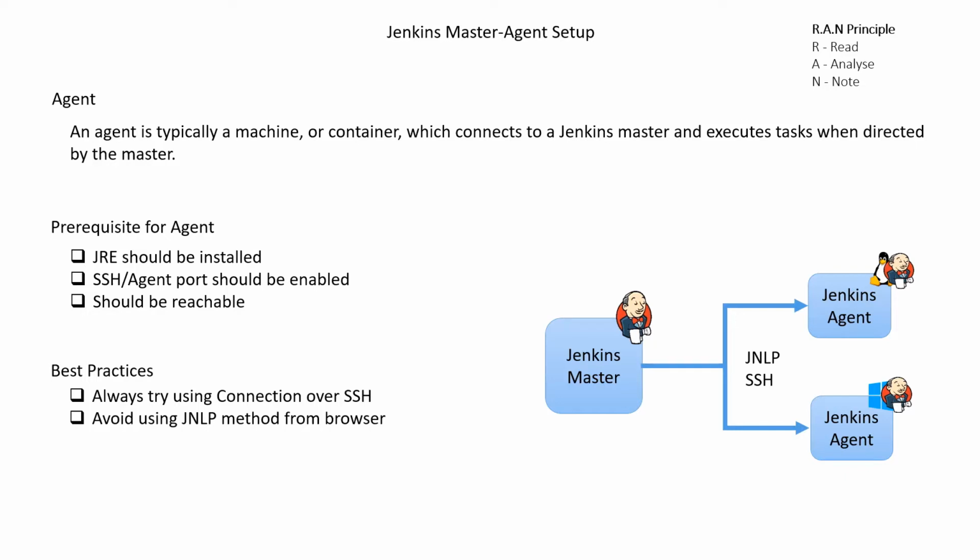Now if you run something from a browser like the JNLP method, then when the system restarts, you need to rerun it and reconnect the agent. And finally, please define the tools in the configuration. Okay, let's jump into the practical part.